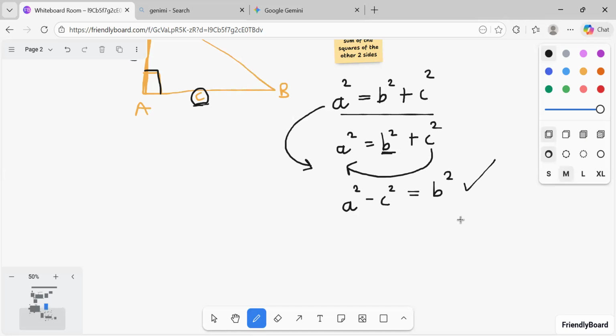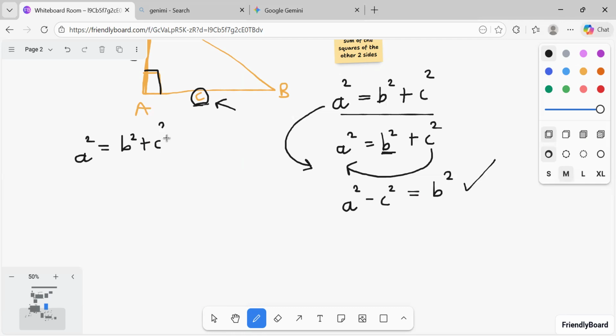So this becomes the formula to find side B squared. What if I wanted to find side C? Simple. I take the standard form of Pythagoras theorem, hypotenuse squared is equal to one side squared plus another side squared.